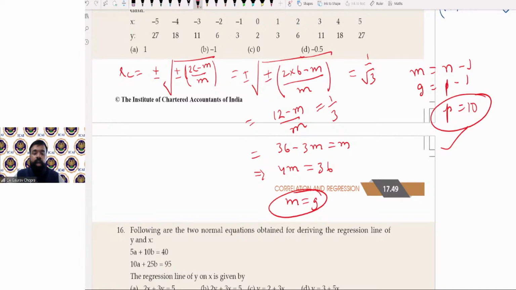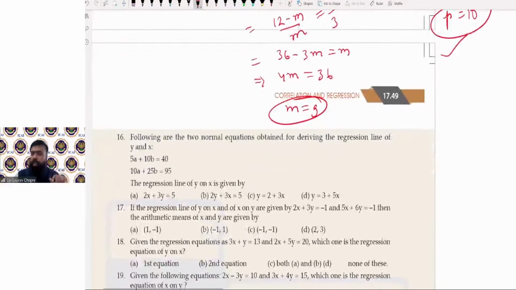And in case of doubt, you can ask in the next session or in the Students Clinic application. Okay, Sindhu. So I think you are from the June 24 attempt or December 1. Let me know.